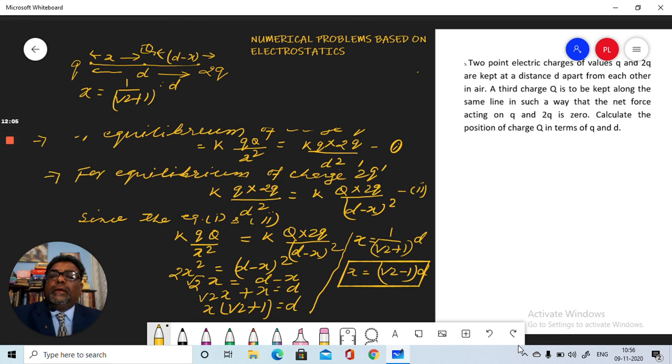What you do, you multiply it by root 2 minus 1 by root 2 minus 1. This becomes root 2 minus 1 into d by a plus b into a minus b, so you get 2 minus 1. This satisfies that x is equal to root 2 minus 1 into d.